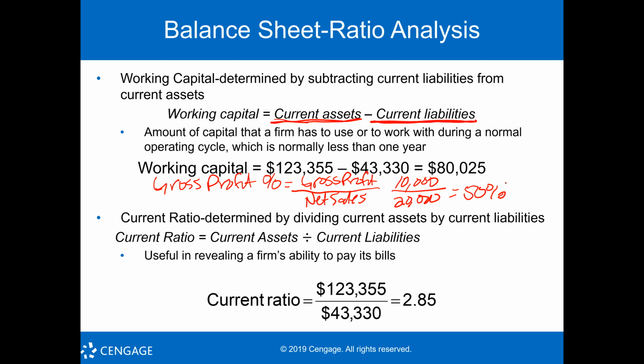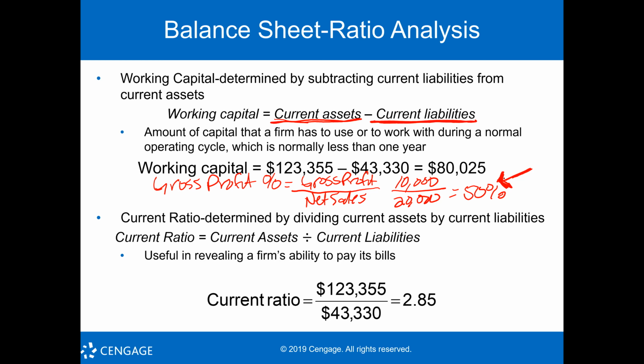As we looked at in this example, it is the percentage of our net sales that we have to contribute to operating expenses, and then to eventually, hopefully, earn a net profit, right?